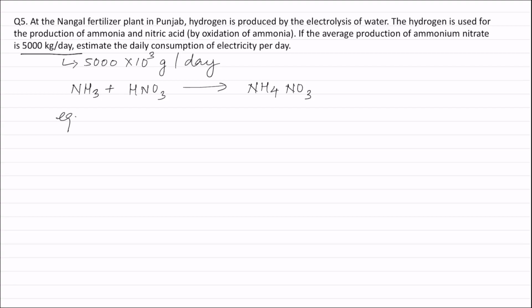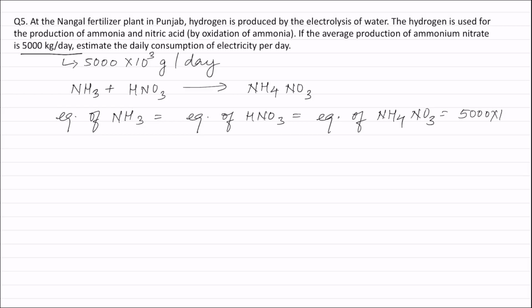Now equivalence of ammonia is equal to equivalence of HNO3, which is equal to equivalence of NH4NO3, and this is equal to 5000 × 10^3, that is weight of ammonium nitrate, divided by 80. 80 is the equivalent weight of ammonium nitrate, and this is equal to 6.25 × 10^4.